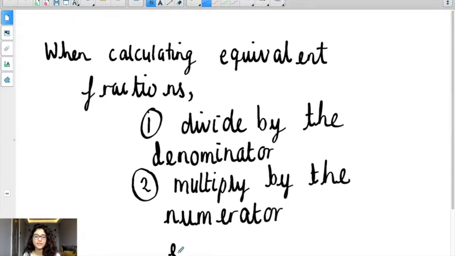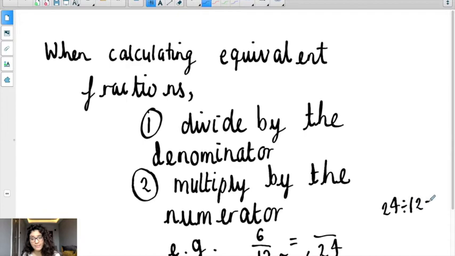I'll give you an example. If we have 6/12 and we want to work out an equivalent fraction, and we have the denominator already given to us, divide by the bottom number, so 24 divided by 12, what is that? How many 12s go into 24? 2.